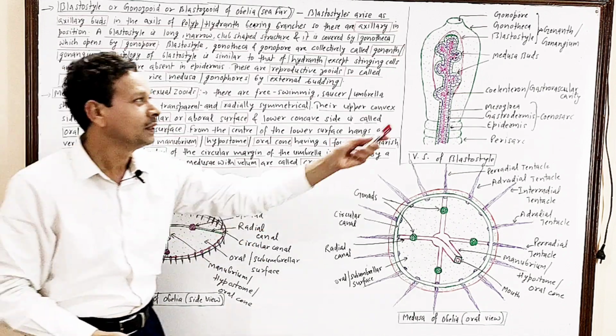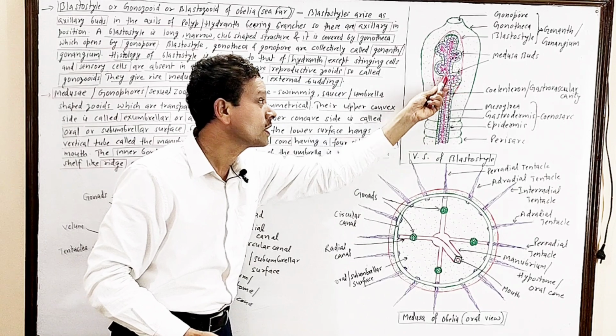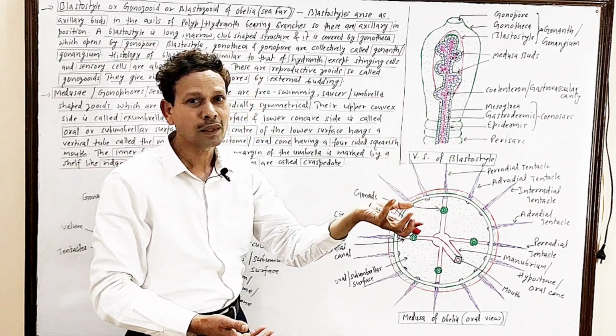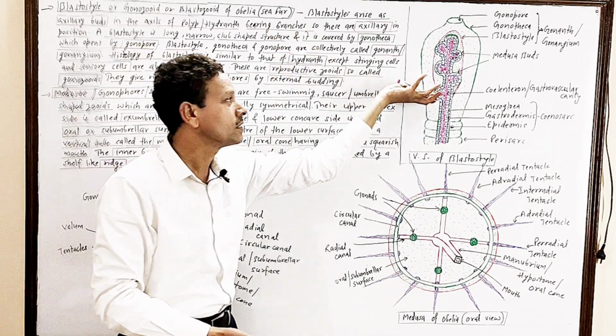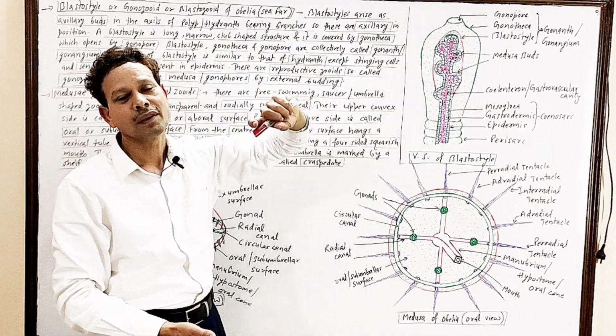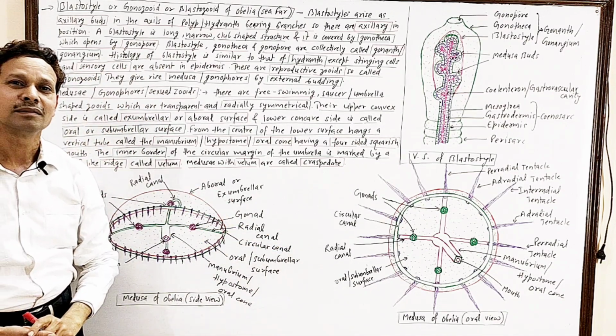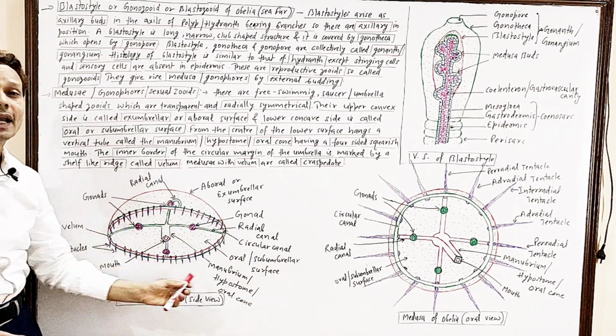As we know, this blastostyle gives rise to these buds, and when these medusa buds become mature, they are released in seawater. These medusae are free swimming and umbrella shaped.